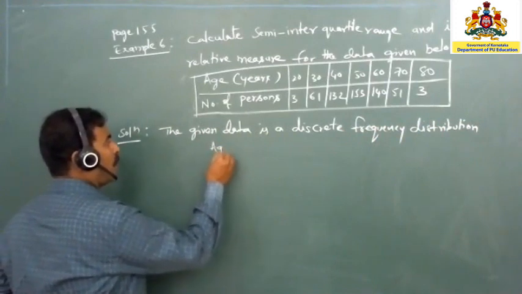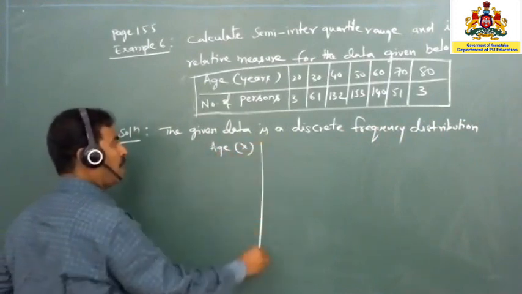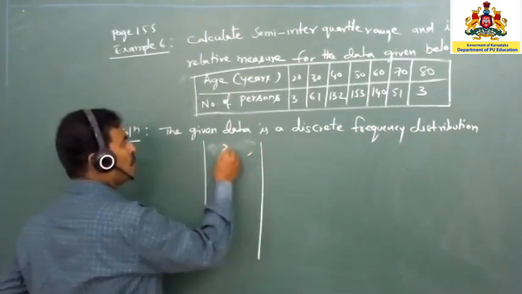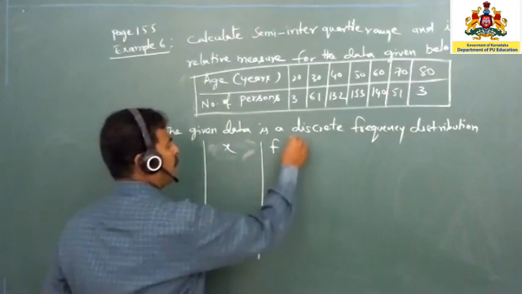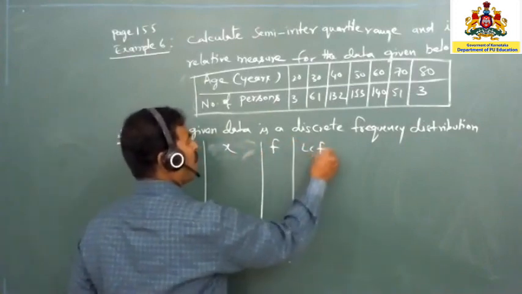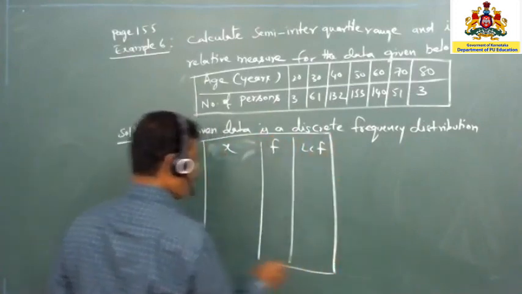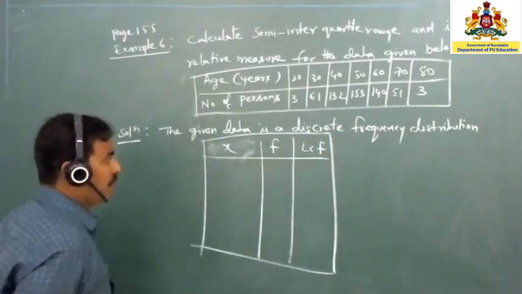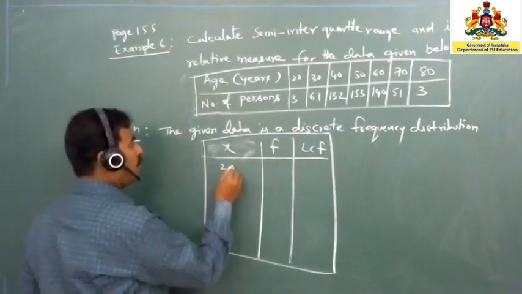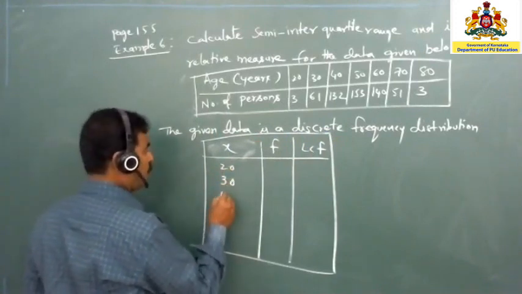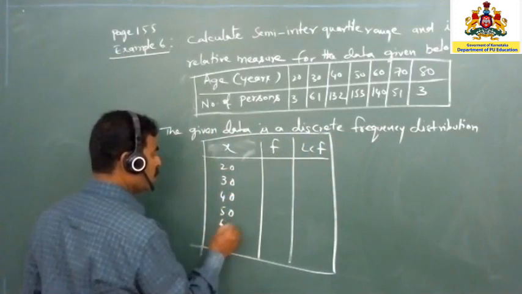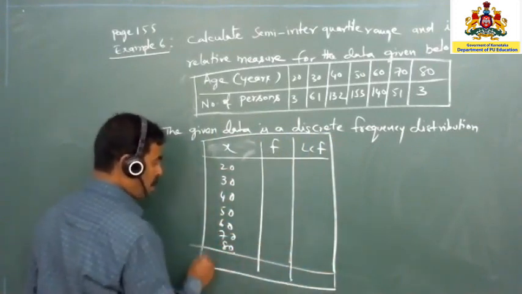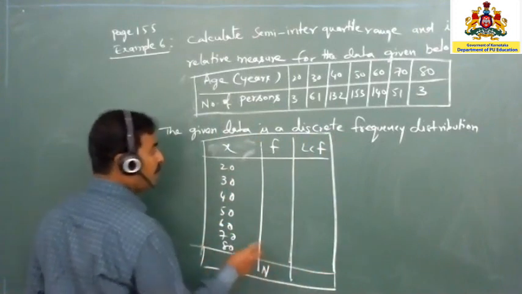First age, always age x, or just write x, f and LCF. X values are 20, 30, 40, 50, 60, 70, 80, and total here is n.